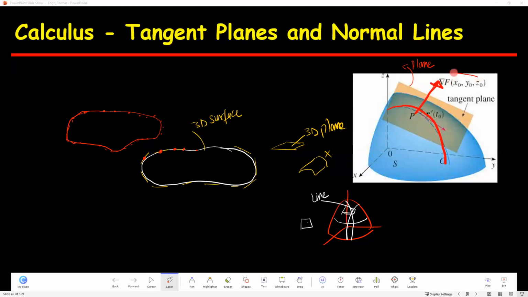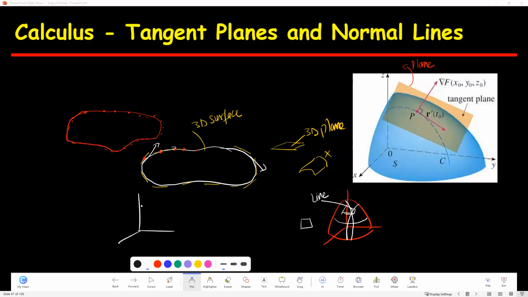Tangent means when I take the partial derivative, or I can say gradient, this gradient actually produces a tangent. Gradient always produces a tangent. So if I do dy over dx here, it's going to produce a tangent.